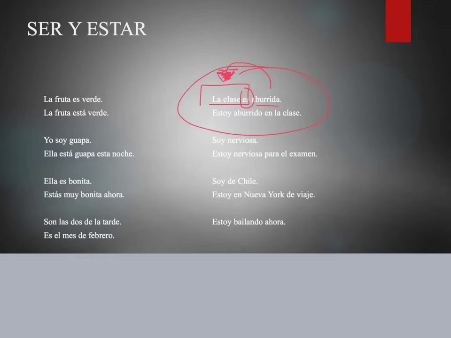Okay, and now I look at estoy aburrido en la clase. Here I'm still in my class, but now I'm saying I am bored in the class. I'm not saying I am a boring person. If that were the case, I would say soy aburrida. And I really hope I'm not. So, soy aburrida versus estoy aburrido or aburrida en la clase. I am bored versus I am boring.